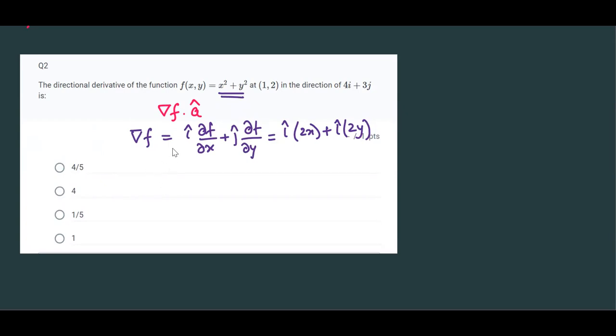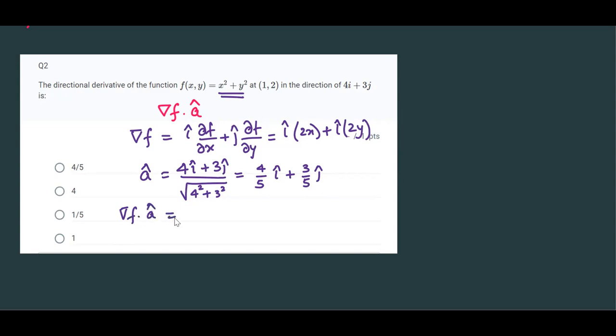Now, next, what is a cap? A is 4i plus 3j, so a cap is (4i plus 3j) upon under root of 4 square plus 3 square. So it is 4 by 5 i plus 3 by 5 j. Now grad f dot a cap will give us the dot product of these two vectors.